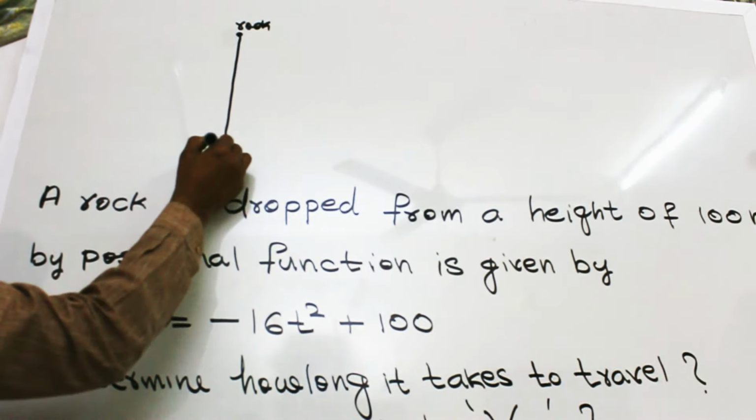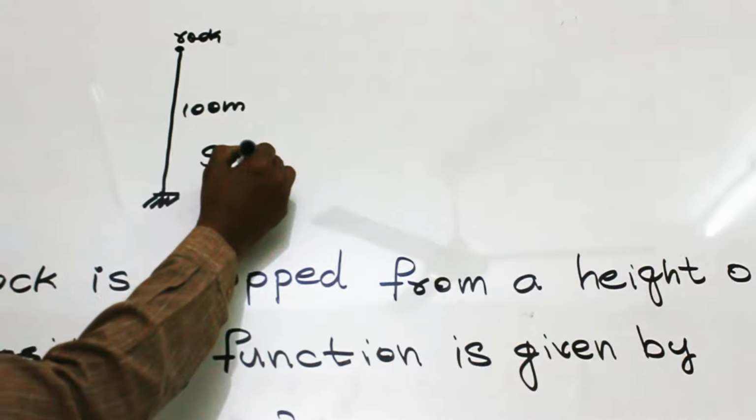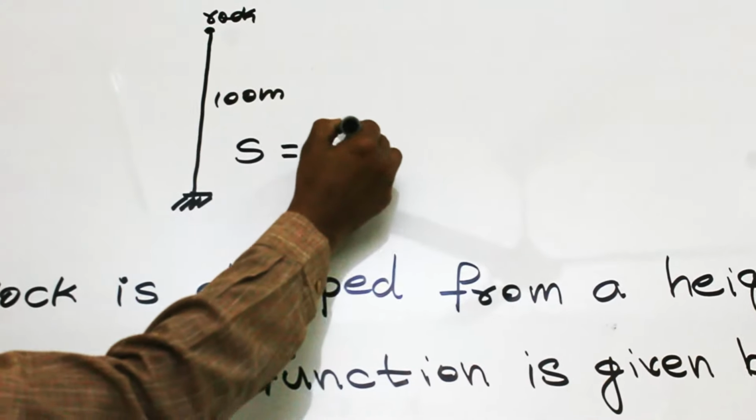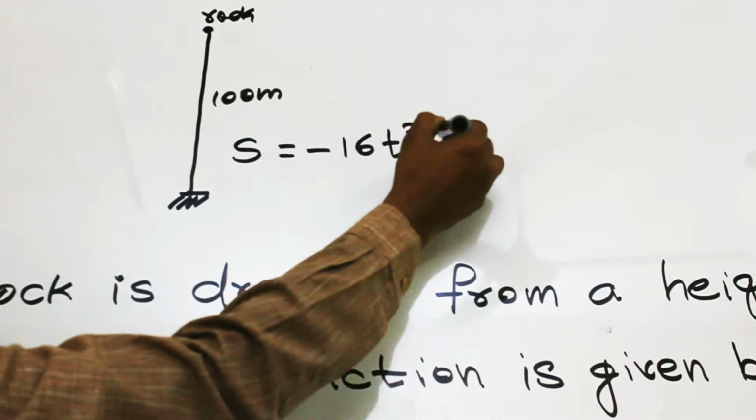This distance is 100 meters, and it is traveling by the function s equals minus 16 t squared plus 100. Here we need to find the time taken to reach the ground.